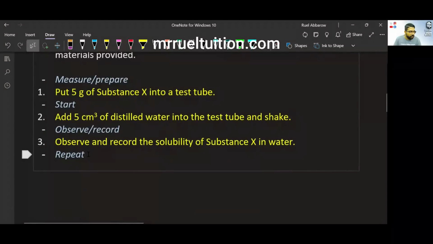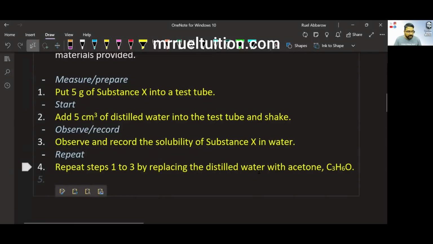This is where we start our repetition. First, you need to repeat steps 1, 2, 3. Follow your number of steps. Don't just do 1, 2, 3. It depends on what you have written. Here I have 3 steps. So I'm going to say, repeat steps 1, 2, 3 by replacing the distilled water with acetone. Even when we replace the distilled water with acetone, we are only doing substance X still.